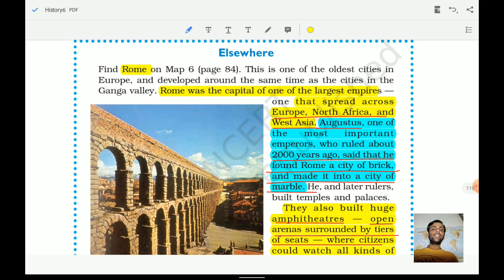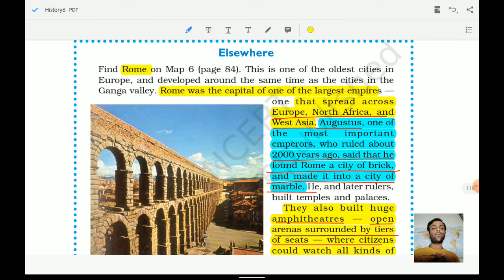So Rome was the capital of the largest empire that spread across Europe, North Africa, and West Asia. The expansion of Rome has been defined that it expanded till Europe, North Africa, and West Asia. And there was an important king, Augustus, one of the most important emperors who ruled about 2000 years ago.